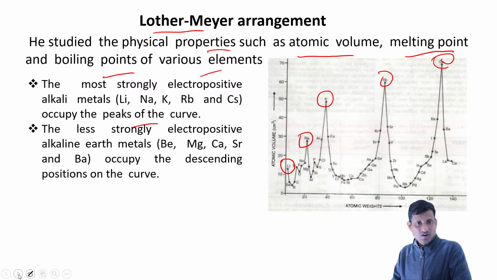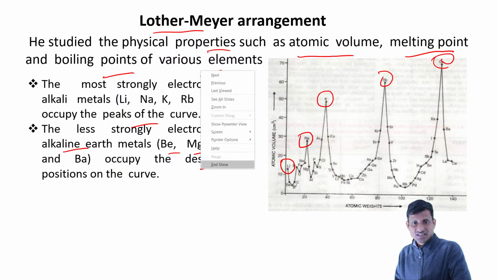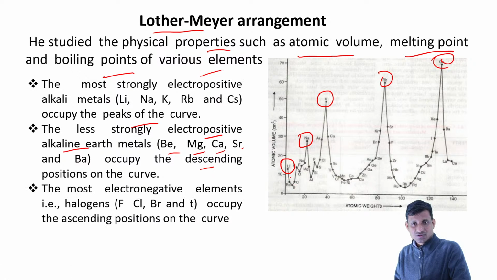Then the relatively less electropositive elements, now known to us as the alkaline earth metals, like beryllium, magnesium, calcium, and strontium, are in the descending position of the curve. This is the place for beryllium, this is for magnesium, and this is for calcium.